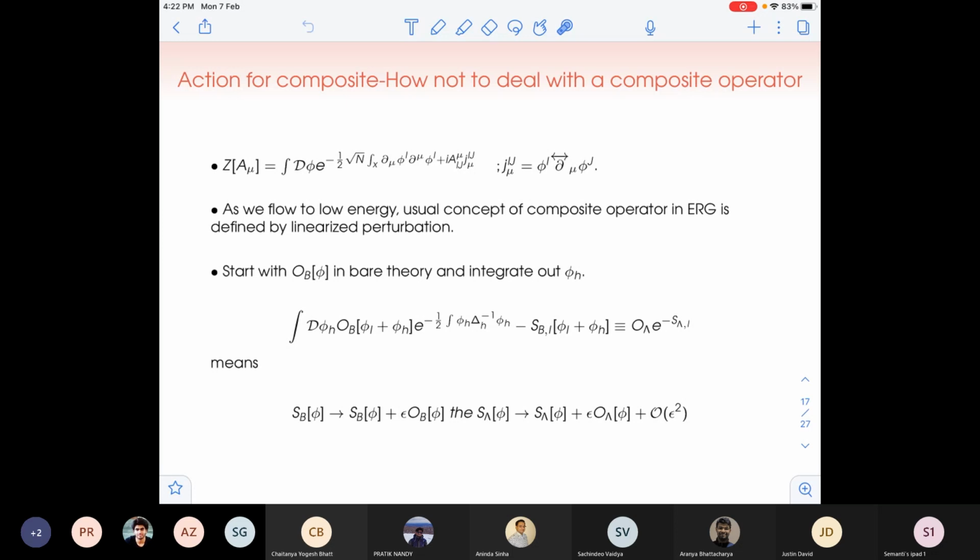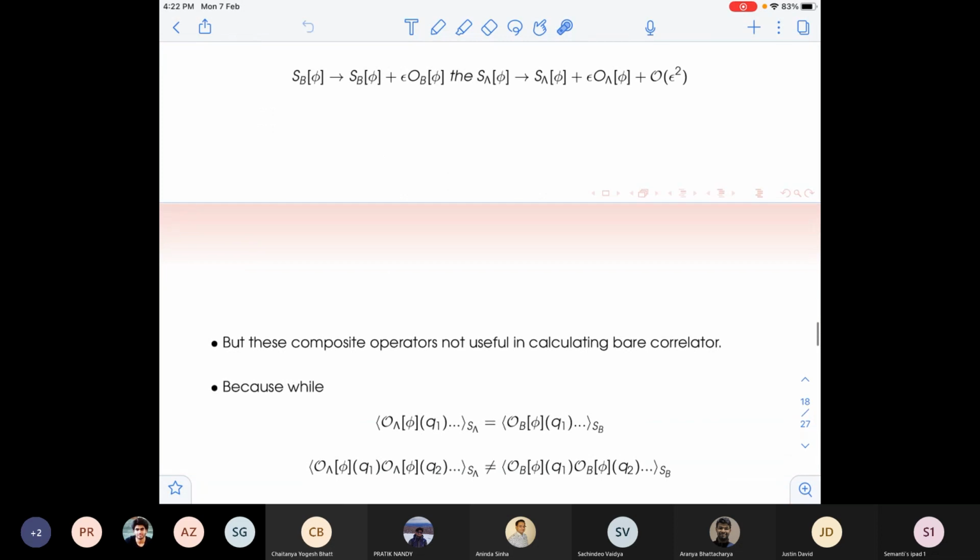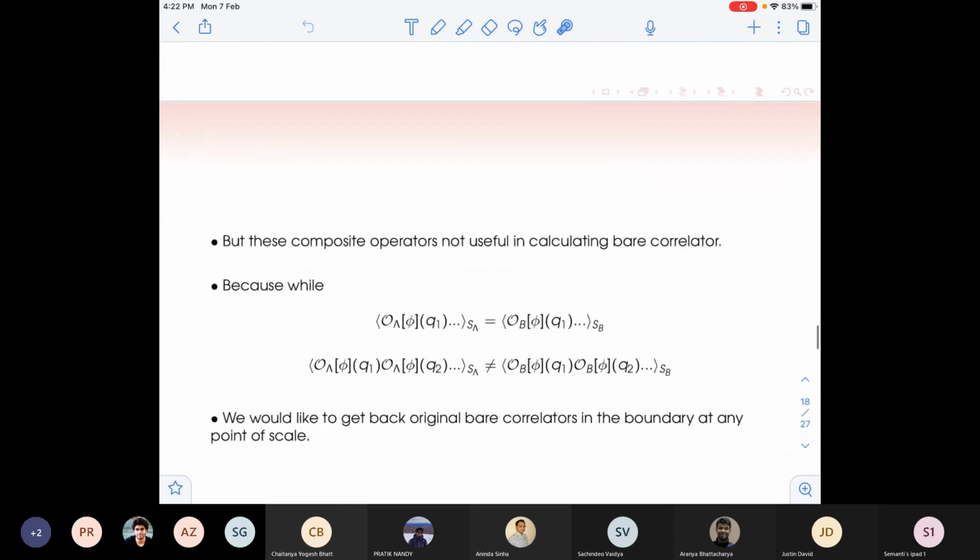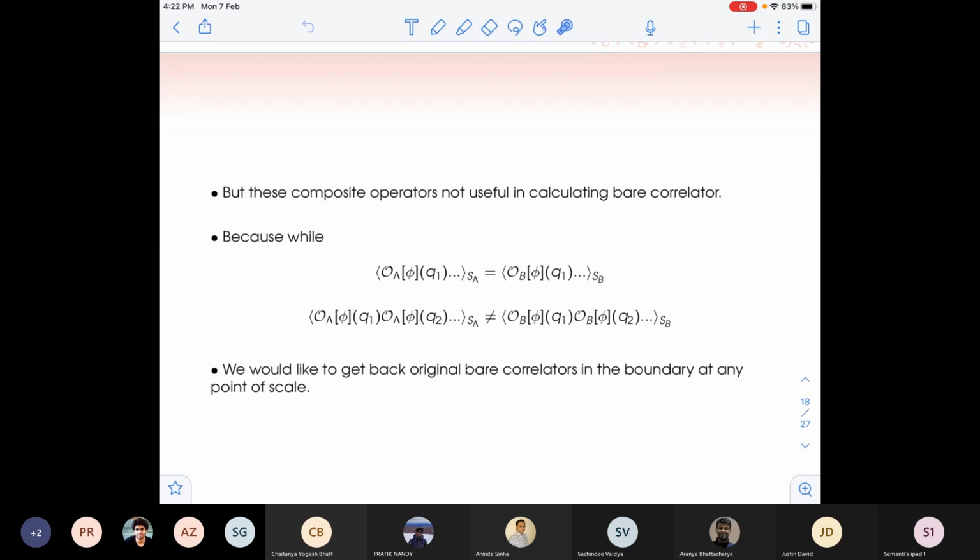From this definition one can tell that this relation can be found: if you find a correlator with O lambda and all the fundamental fields with respect to S lambda, it is the same as the bare correlator. But as this is using linearized perturbation, if you put another such field here and the rest fundamental fields, that is not equal to the bare correlator.